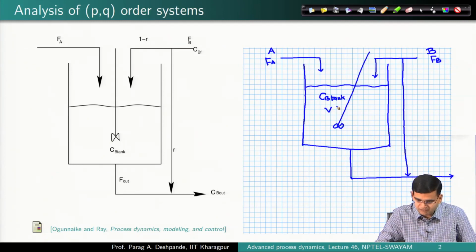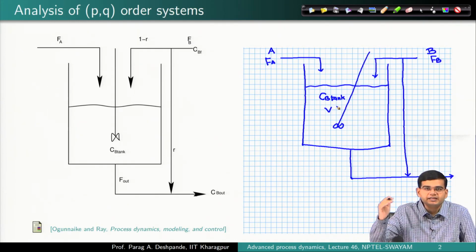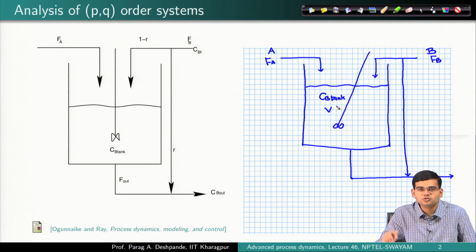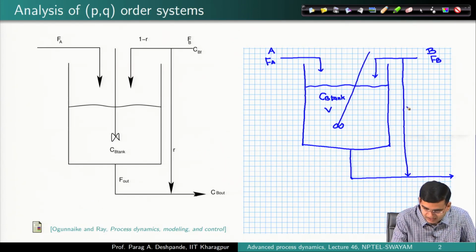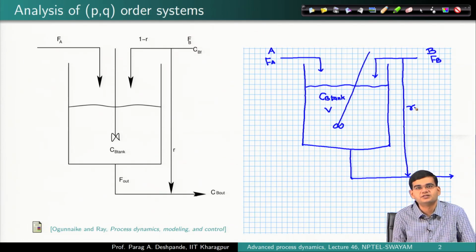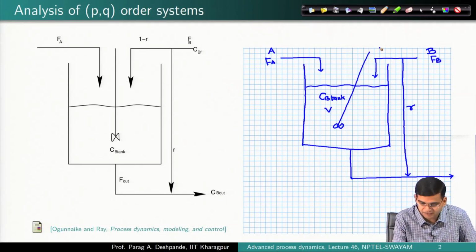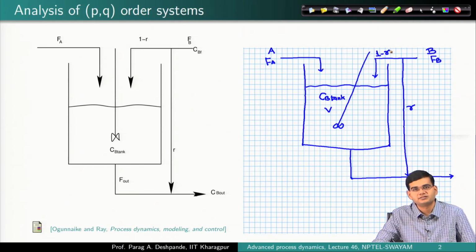Now, I have a situation where a fraction of my inlet stream B goes to the tank and the rest is passed as a bypass directly to the outlet of the system. So, let us say R, a fraction of what is fed as F B, is sent as a bypass, and therefore 1 minus R would go to the tank.